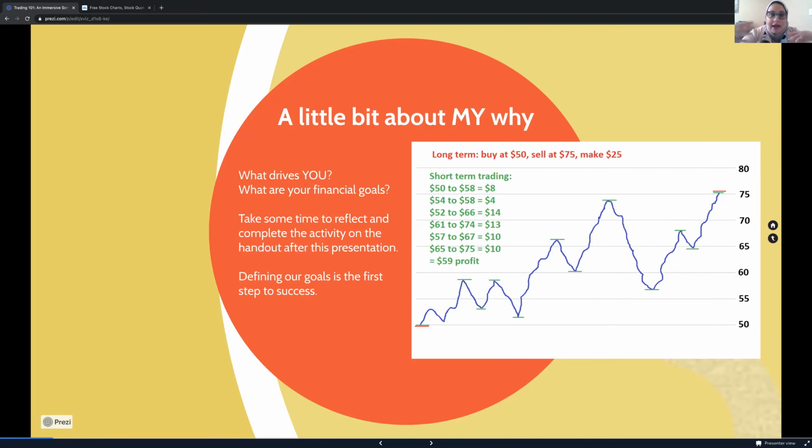Now, the reality is, nobody is that good that you're going to catch the high and the low every time, and you're going to make 100% of that potential. However, there are days where I felt like I was that good, but the reality is you're probably going to go somewhere halfway or 3/4 of the way. So let's say even if it was $30, $40, that's still pretty good.